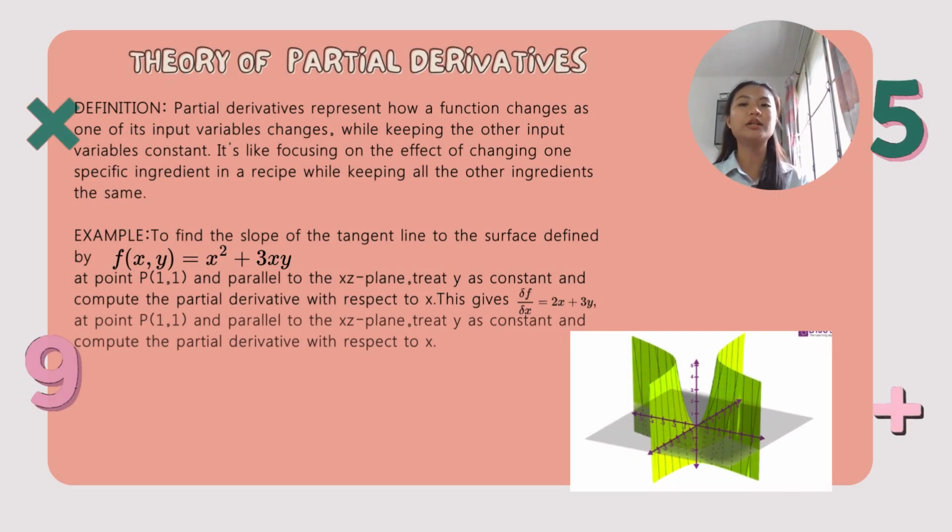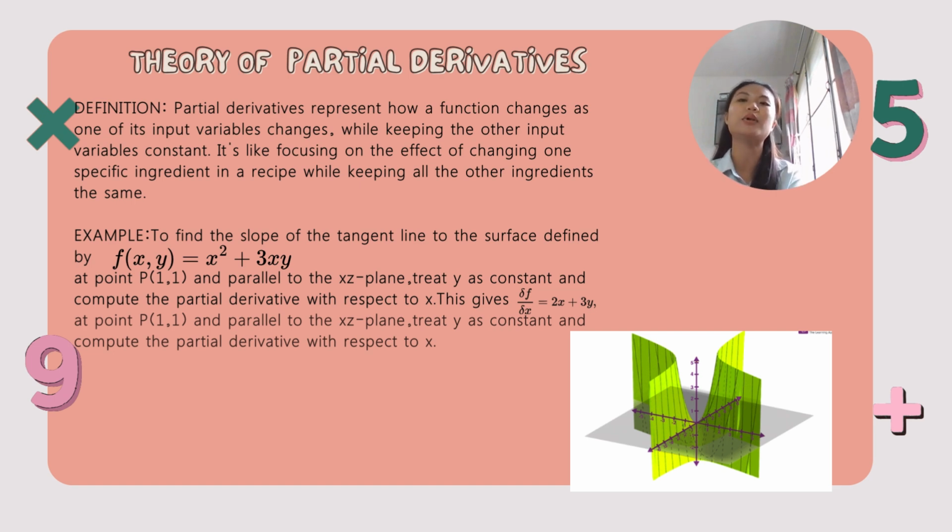Theory of partial derivatives. The definition is how a function changes when one of its input variables changes, while keeping the other input variables constant. It is like working on the effect of changing one specific ingredient in a recipe while keeping all the other ingredients the same.